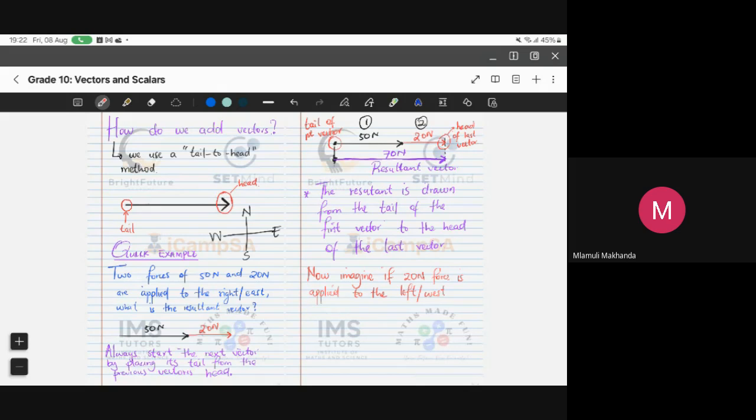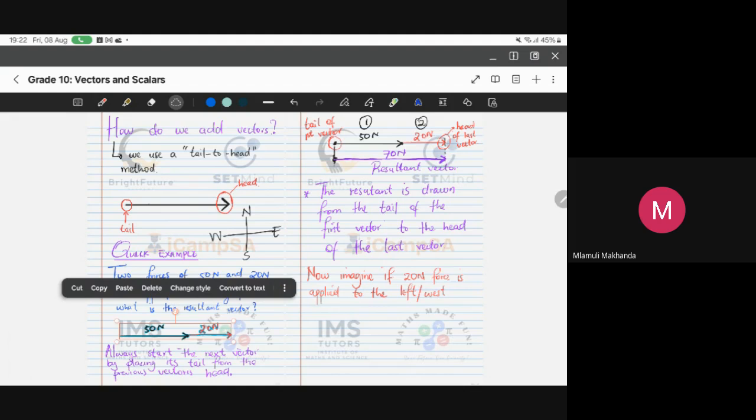We still have the same situation, but now the 20N vector changes direction. It's a separate scenario.